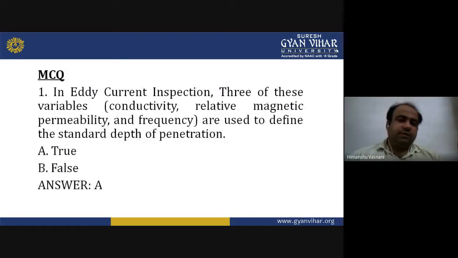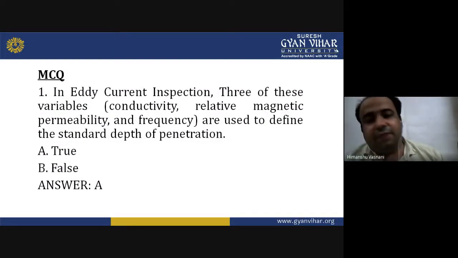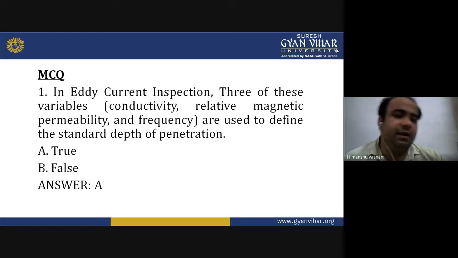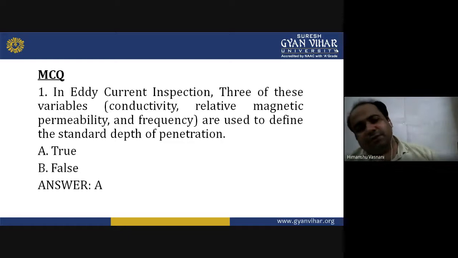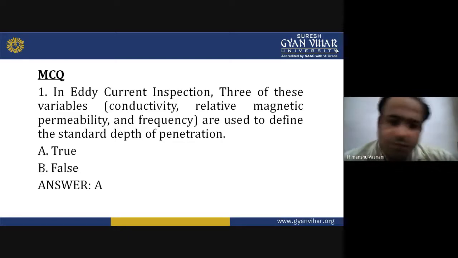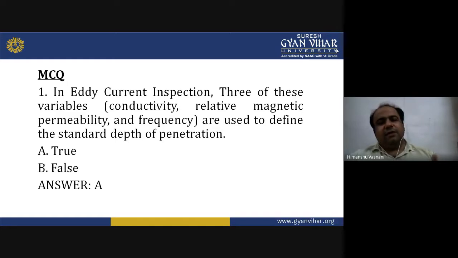Okay, now the first question is: in eddy current inspection, three of these variables, conductivity, relative magnetic permeability, and frequency, are used to define the standard depth of penetration. What do you think, is it true or false? We have studied previously in ECI that these three variables are very important and define the standard depth of penetration.